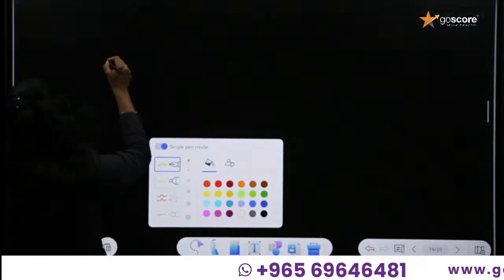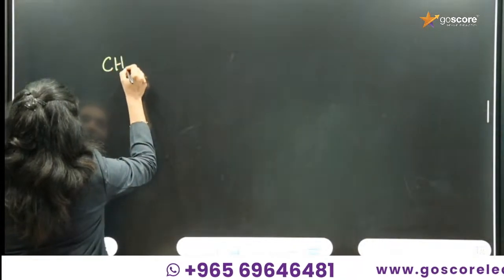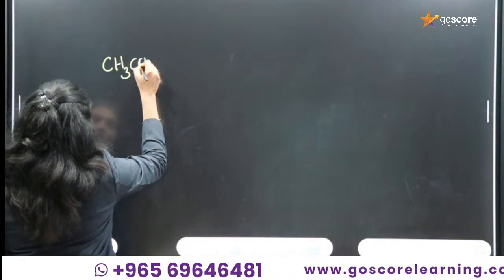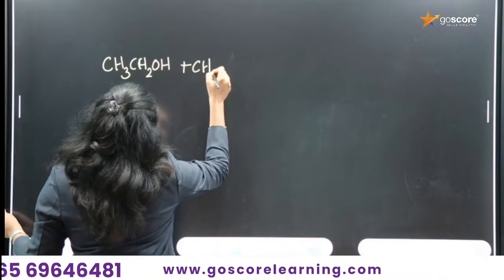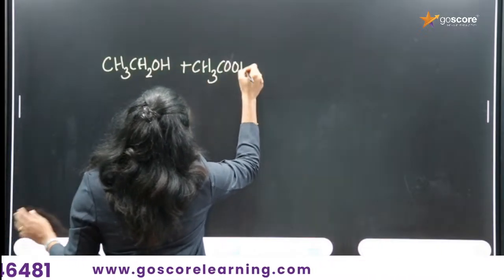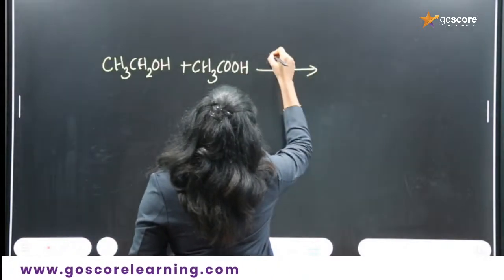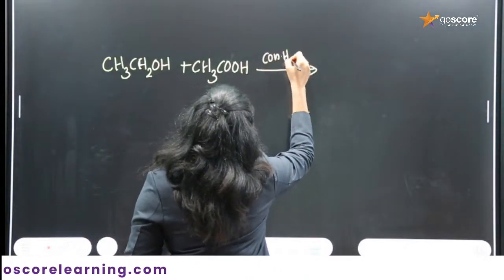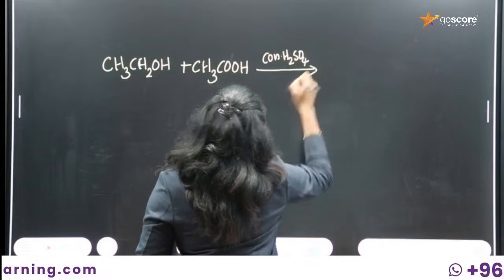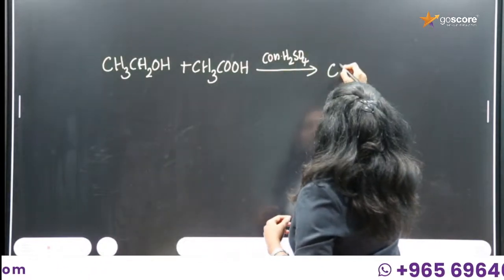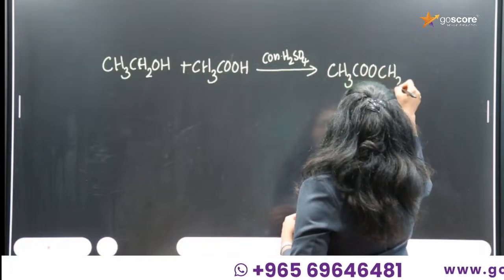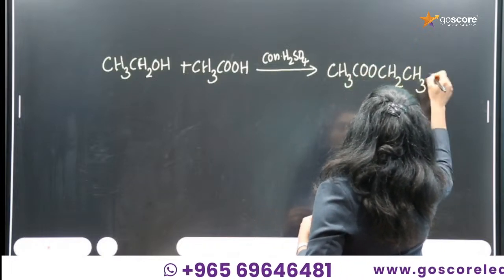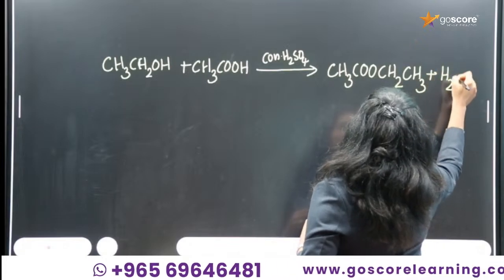That is ethanol, CH3CH2OH reacts with CH3COOH in presence of concentrated H2SO4. What you will get? CH3COOCH2CH3 plus water will be removed.